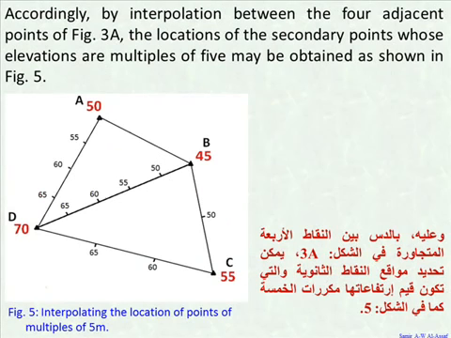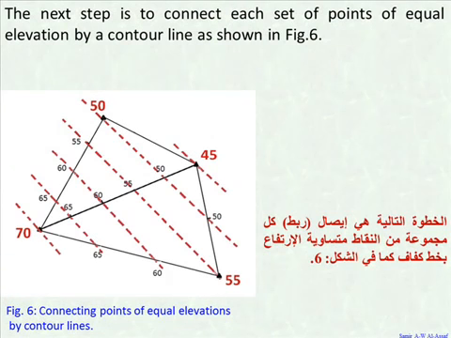Accordingly, by interpolation between the 4 adjacent points of figure 3a, the locations of the secondary points whose elevations are multiples of 5 may be obtained as shown in figure 5. The next step is to connect each set of points of equal elevation by a contour line as shown in figure 6.